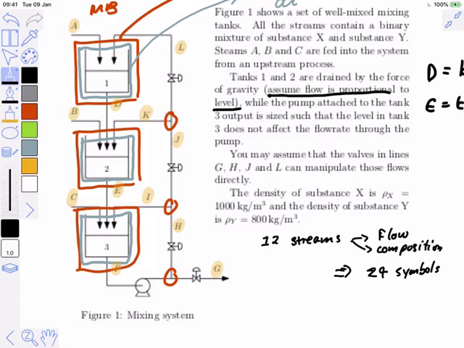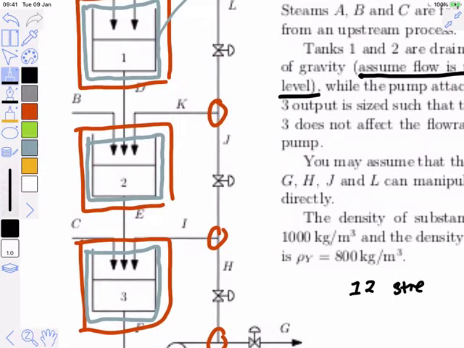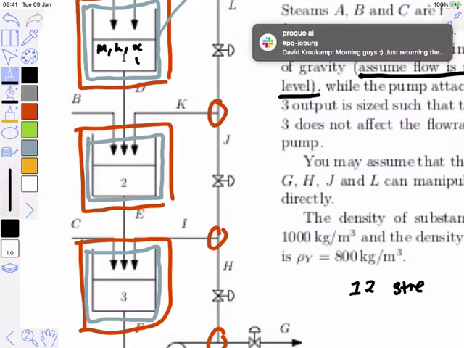Then I know that I've got the tank states. So the tank states are, I have a mass and a volume and a level and a composition in each of the tanks, right? So I know that there's going to be mass, level, composition, and volume in the tanks.